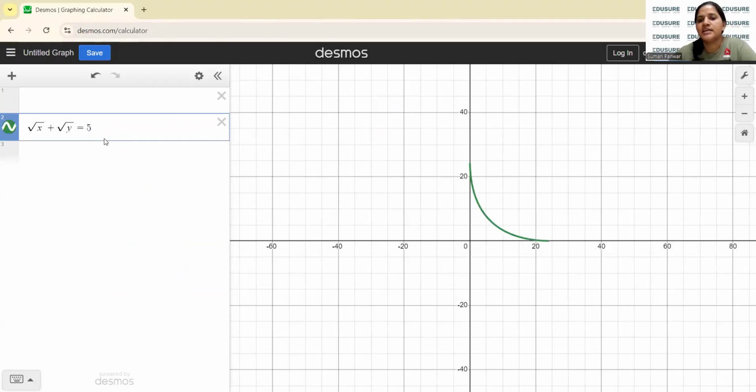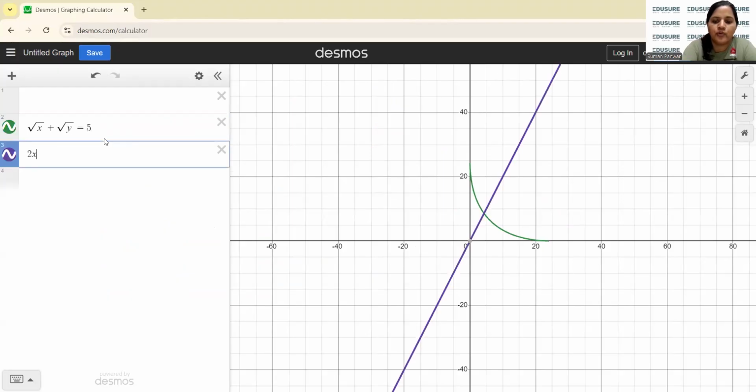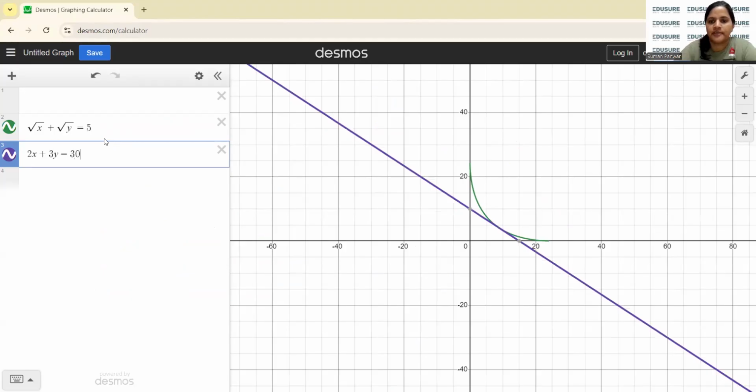So this is the graph, and we have 2x plus 3y equals 30. Note that at this particular point, we have a tangent. So the tangential point occurs at (9, 4), when we put x equals 9 and y equals 4.